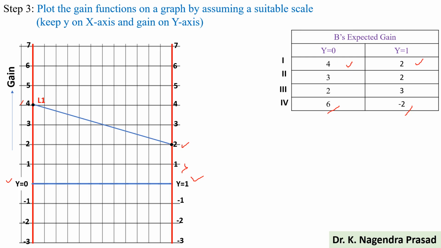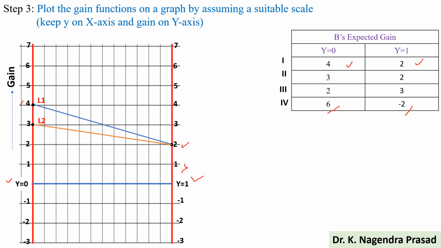Similarly, next we have to mark the gain values 3 and 2 for the second strategy of player A on the y-axis at y equal to 0 and y equal to 1. So mark the 3 and 2 at y equal to 0 and at y equal to 1. Next we have to join these two gain values by the line L2.